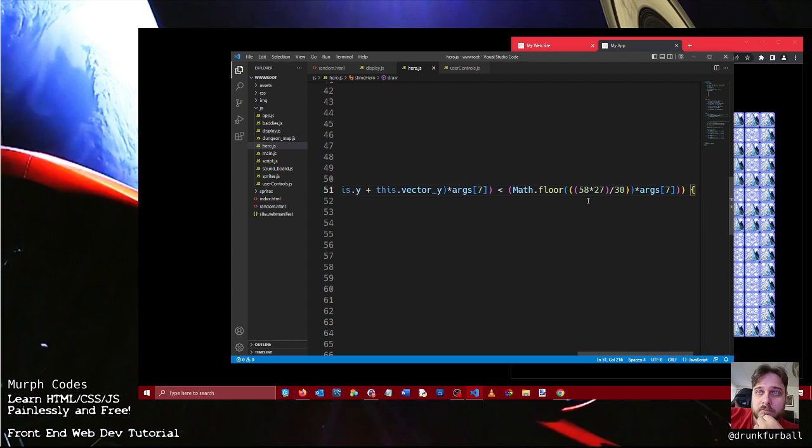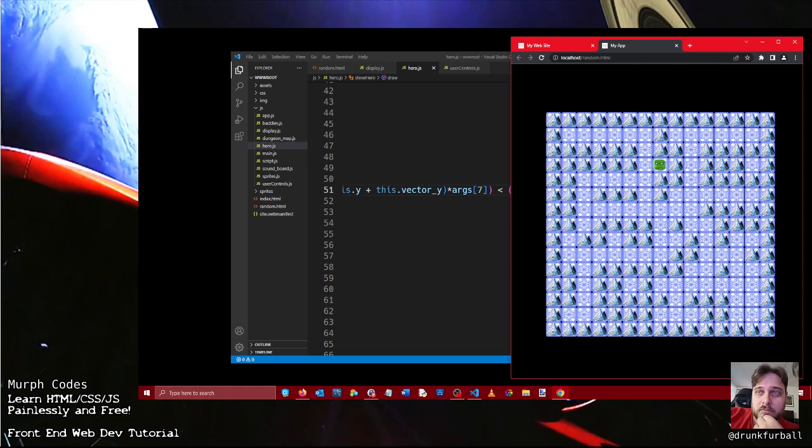Multiplying that by the width of the actual sprite. What this does is this very minutely opens up that corridor. Just a little bit. We don't want to go too far because if we get too far with it, we create gaps.